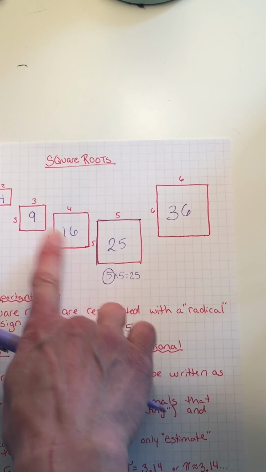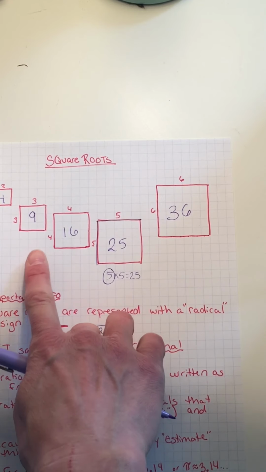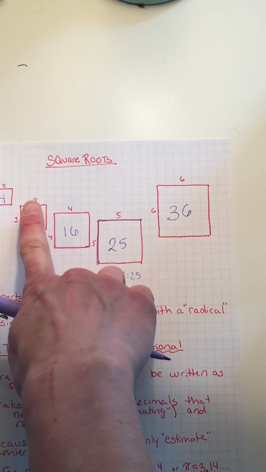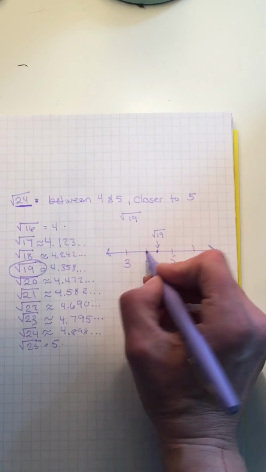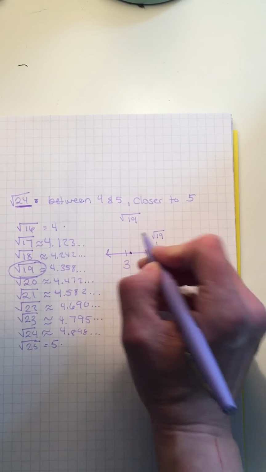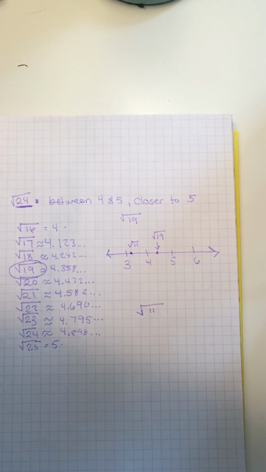And 11 is definitely closer to 9 than it is to 16. So the square root of 11 is going to be closer to the square root of 9, which is 3. So I could estimate that as being maybe right there. And it's not perfect, it's just an estimate.